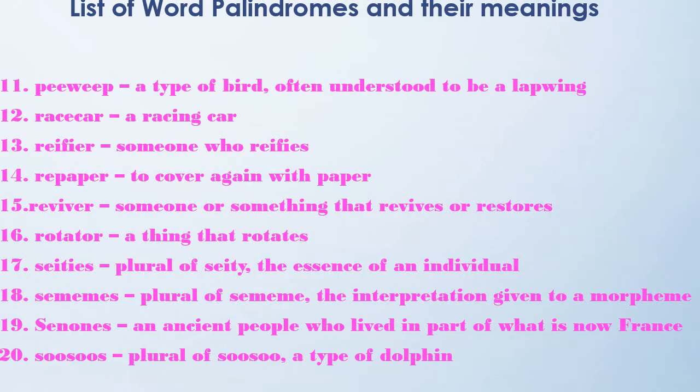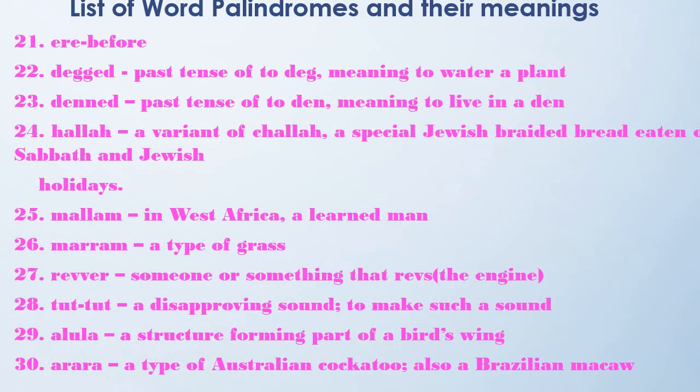Senones are the ancient people who lived in part of what is now France. Sosos is the plural of soso, a type of dolphin. Ere means before. Degged is the past tense of deg, meaning to water a plant.